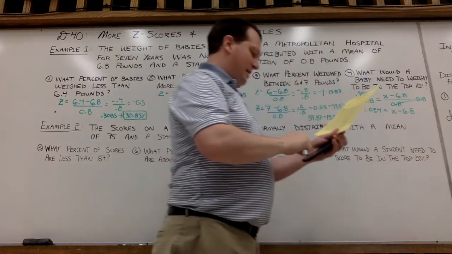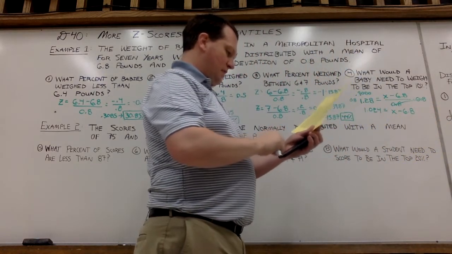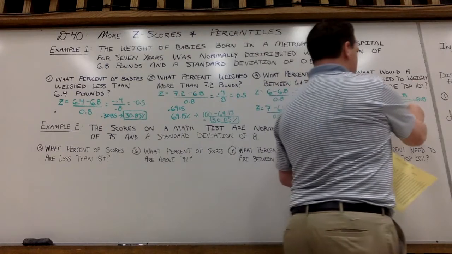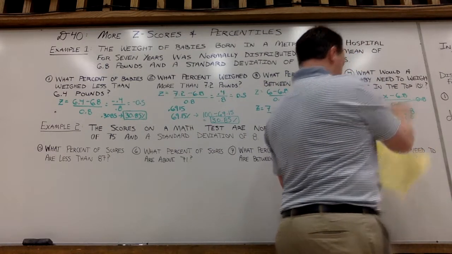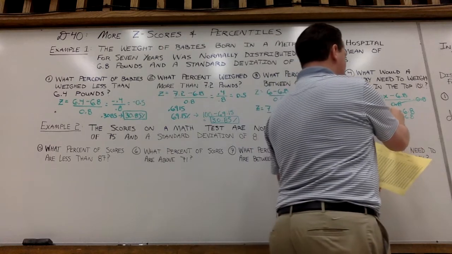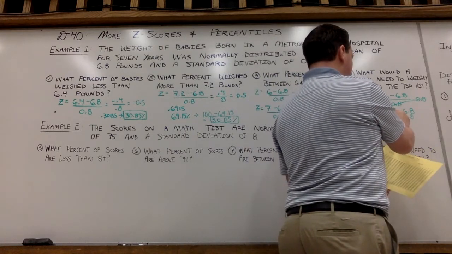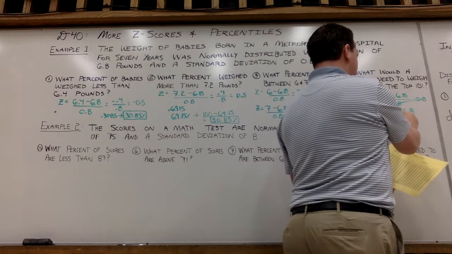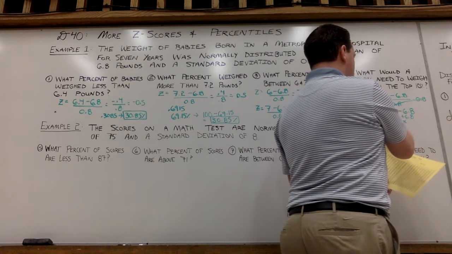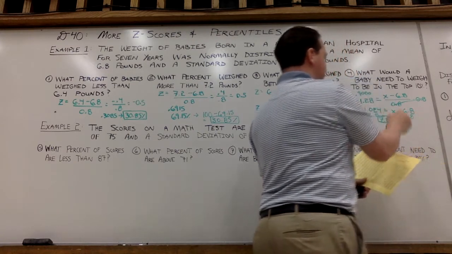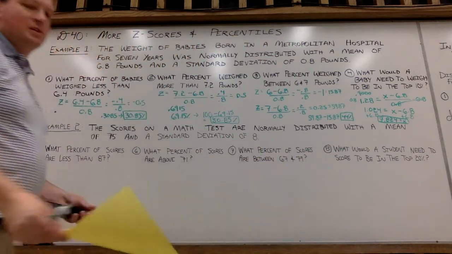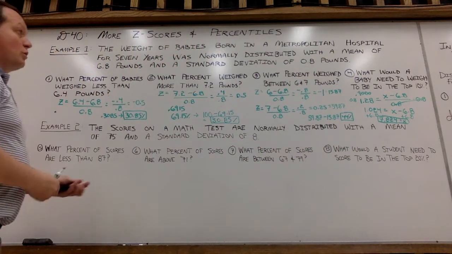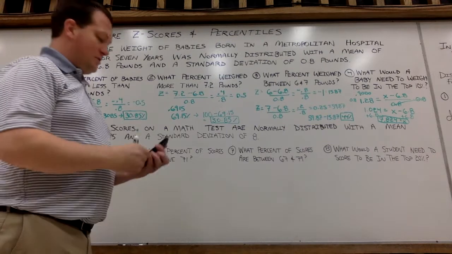I can then add 6.8 to both sides and get a weight of 7.824 pounds. Any baby weighing 7.824 pounds or more would be within that top 10%. Those will be the types of questions you will see today.